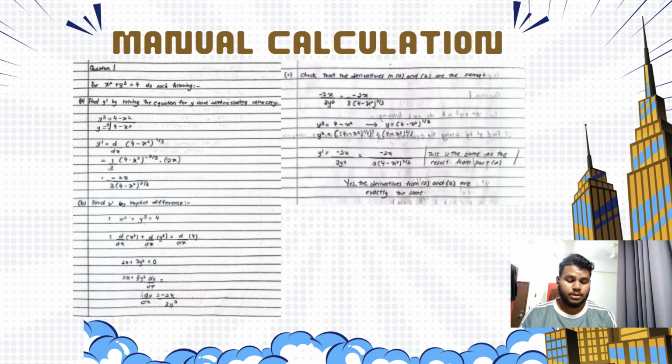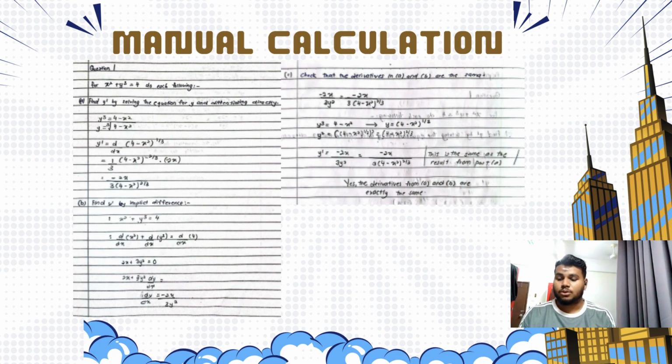Then we move the additional value to the right-hand side, so the 2x becomes negative 2x, and the 3y squared goes to the denominator. So the final answer is dy/dx equals minus 2x over 3y squared.